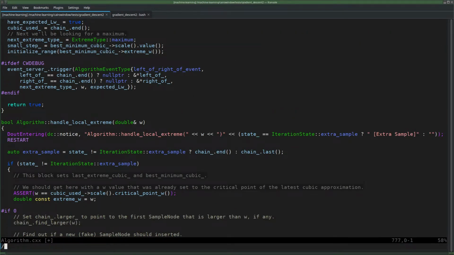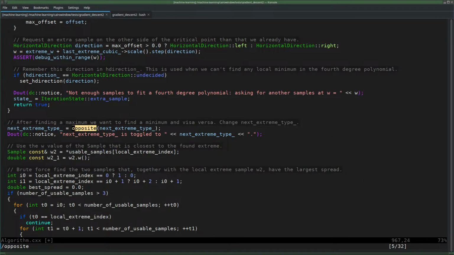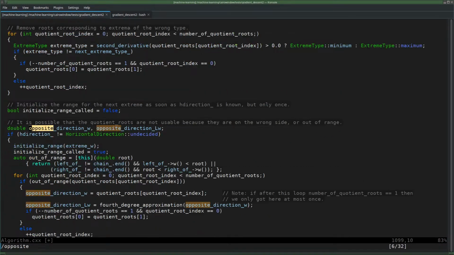So it's mostly about the opposite side. This and that one, of course. So opposite direction. W and LW are set at the same time here.